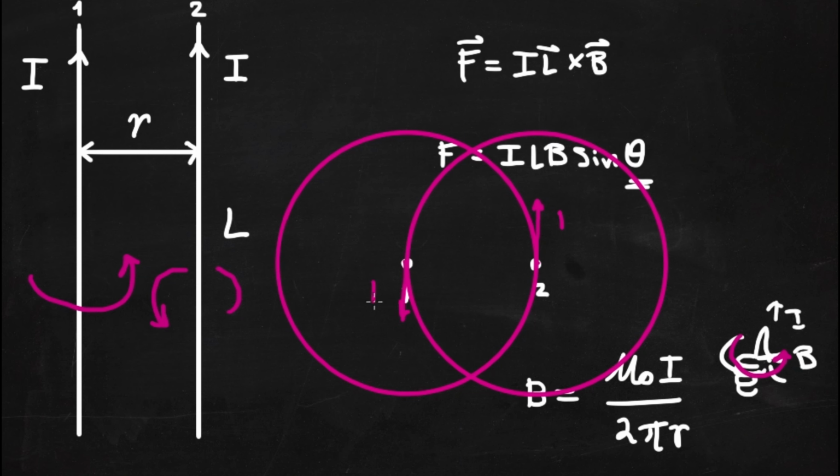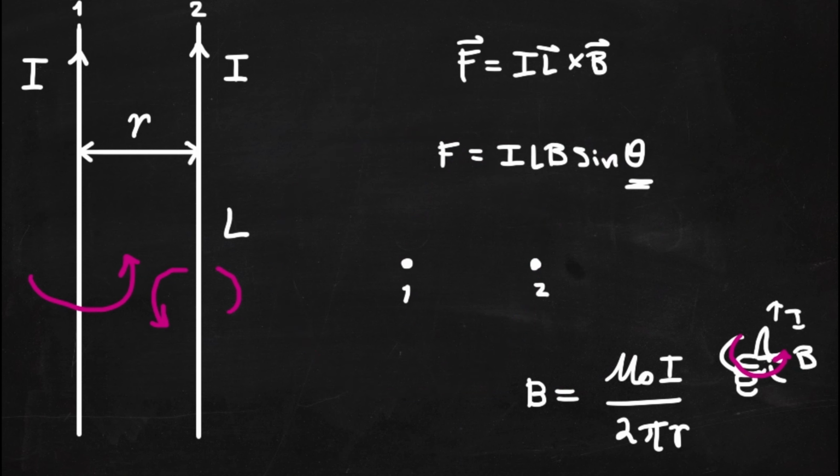And quite obviously, by the symmetry of the problem, the same thing is true for the B field from wire 2 at the location of wire 1. So the expression for force simply becomes ILB.